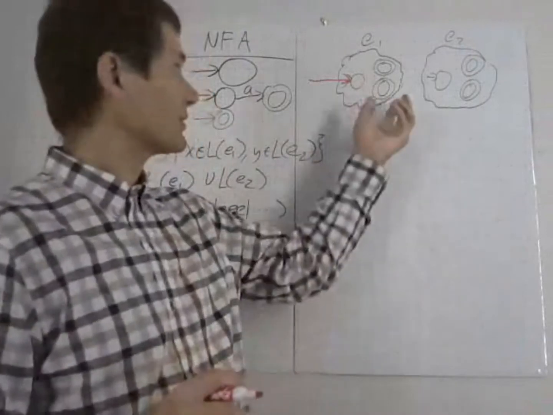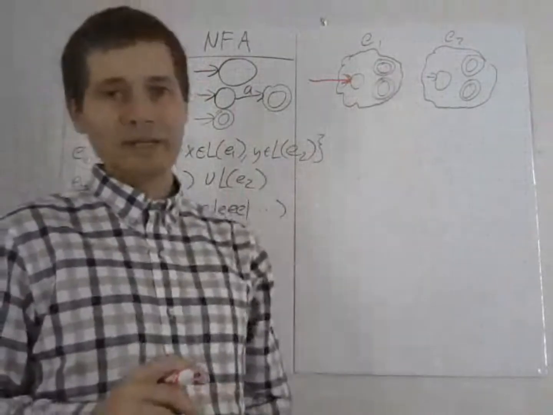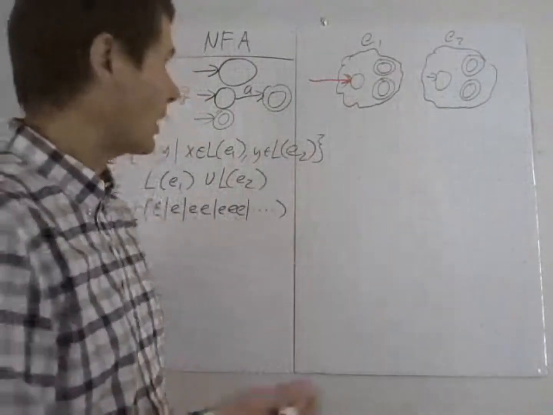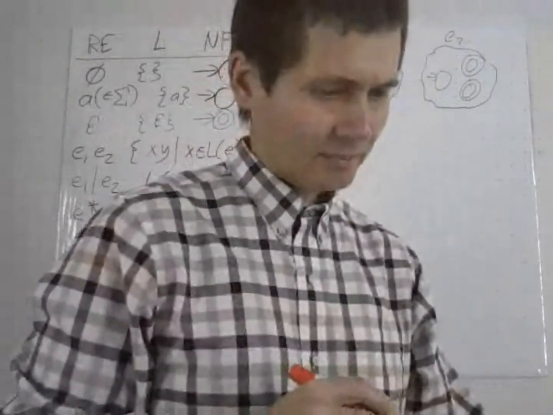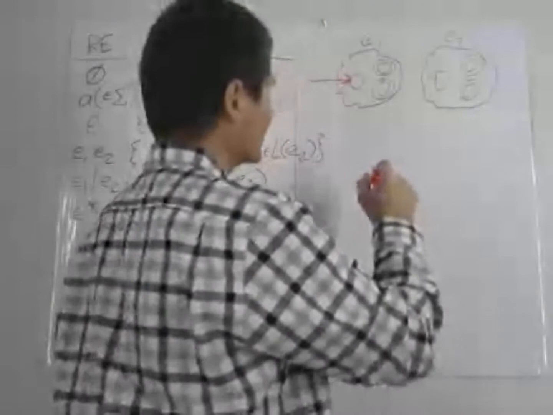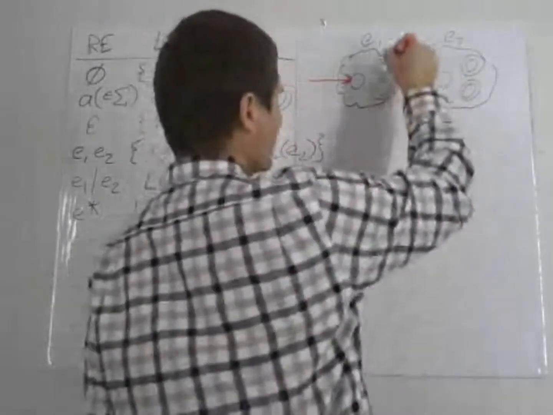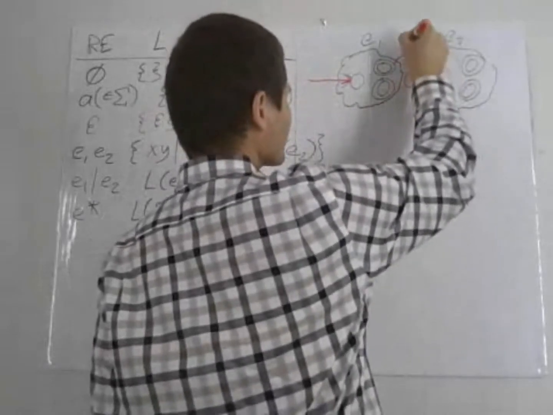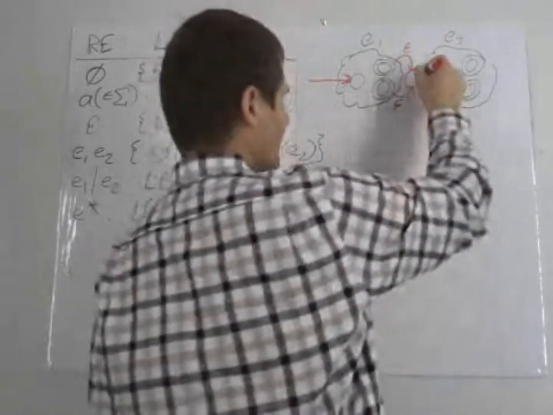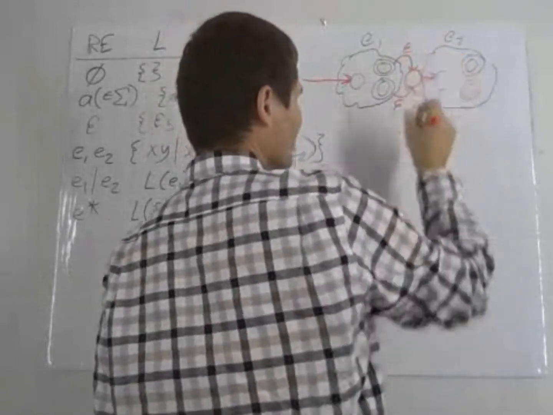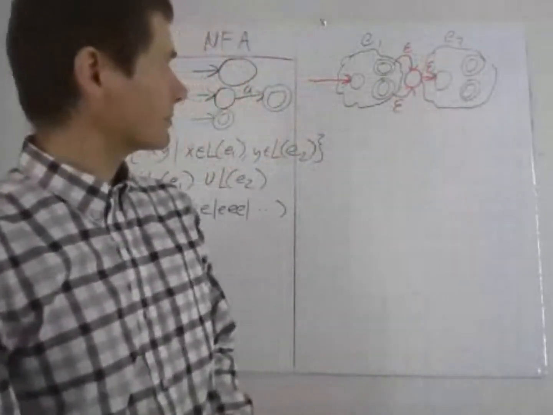Once you get to a prefix of the word that is matched by E1, E1 is going to end up in an accepting state. So from all of these accepting states, what I'm going to do is create a new state in here and put epsilon transitions to there. And then from that state, I'm going to go with an epsilon transition to the start state.